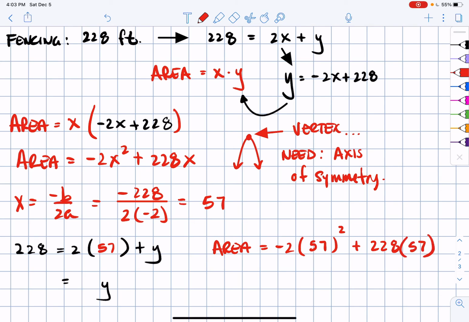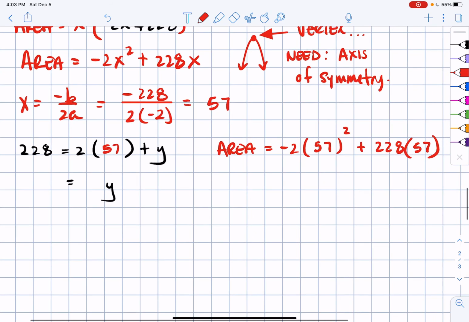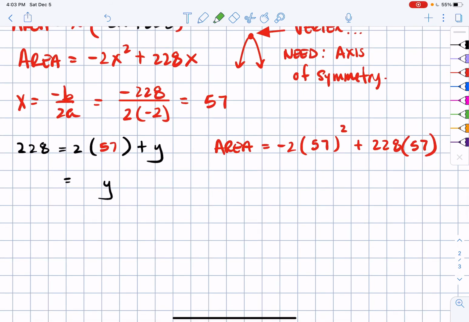So either one is absolutely fine. But please do not forget that you have to find the 57 squared first so that you don't get that mixed up. You always have to do the exponent before you multiply.